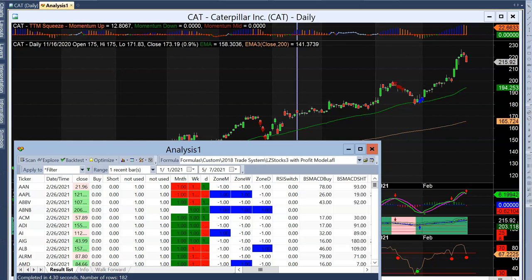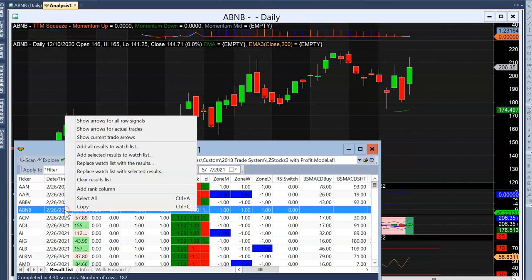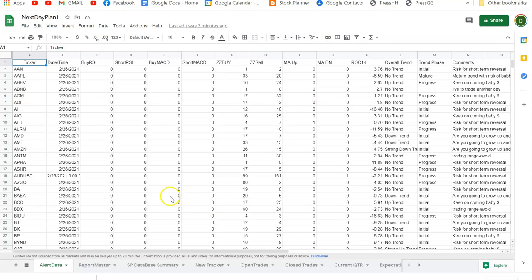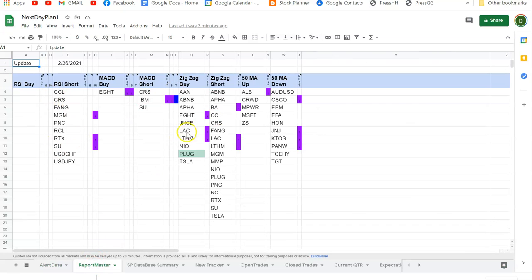So each night I run a routine to get the buy and short signals and other information from my OmniBroker routine. Then I select them and copy it and transfer this information into a spreadsheet. It's a Google Sheets. And these are all the potential trades that I need to look at for tomorrow.